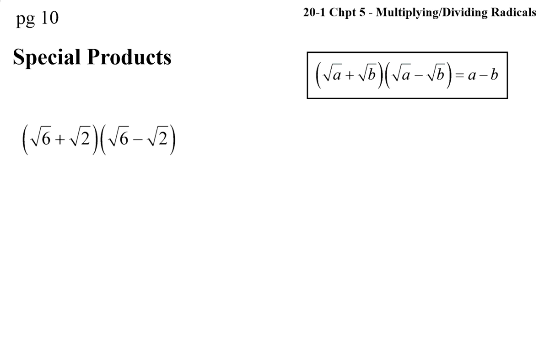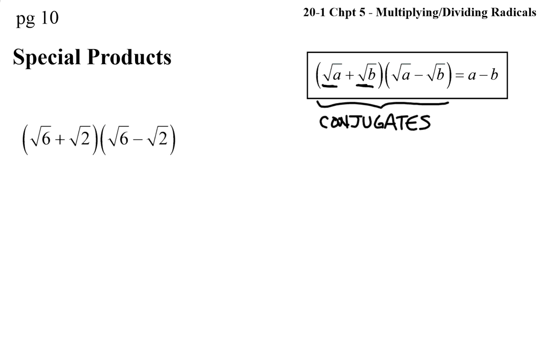Now, one step further, which will become quite important as you do the next lesson, is this situation. These are called conjugates. Conjugates mean you have the same radicals in two separate two-termed expressions.